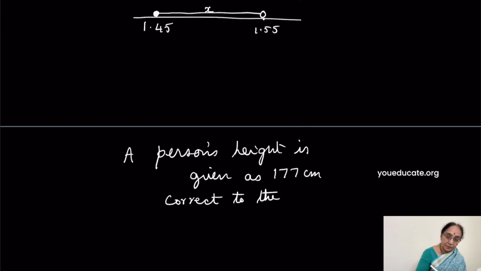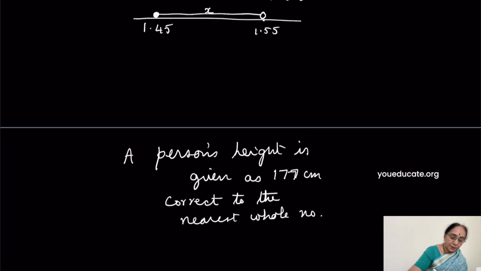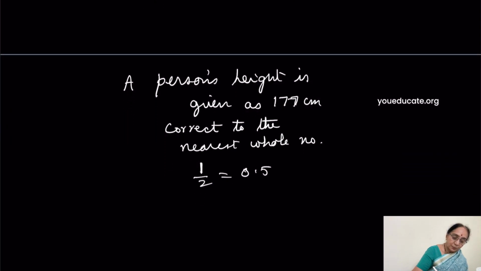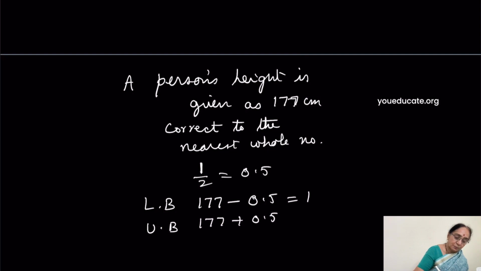So this degree of accuracy will always be given to you when they ask you for upper bound and lower bound. So what is the upper bound and what is the lower bound? For the nearest whole number, take the ones digit and always take 1, the unit. And 1 divided by 2 is 0.5. Now the lower bound will be 177 minus 0.5, and the upper bound will be 177 plus 0.5.